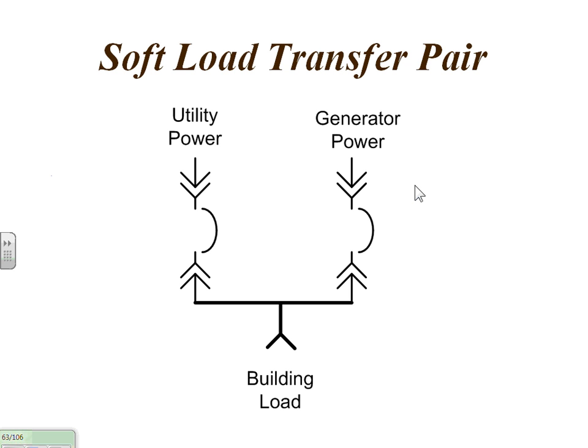So we have to go back over to the generator, even though it's running the load, and tweak it a little bit into syncing, especially the frequency part. Voltage is easier, but once the frequency is in and we don't have a resulting phase angle that's going to give us a spike, then we close the utility back. So in both cases, we're tweaking the generator. We can't mess with the utility. I have no control over it.